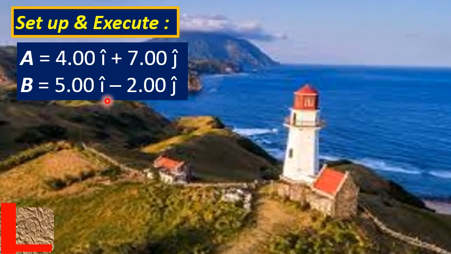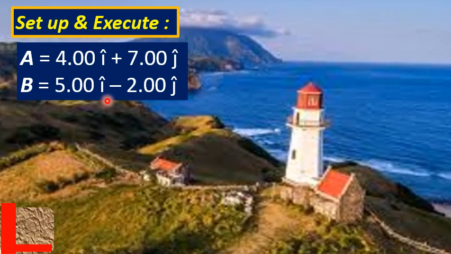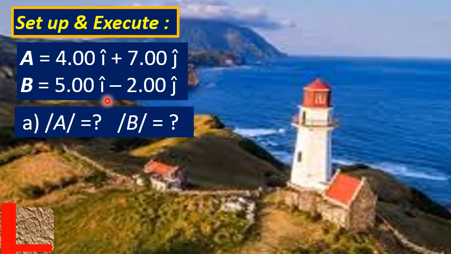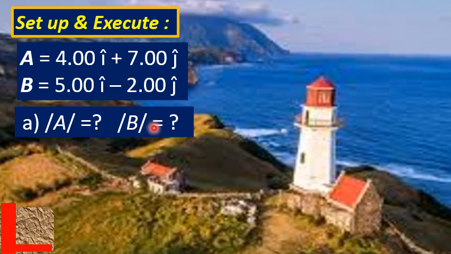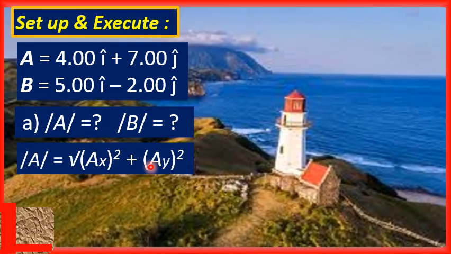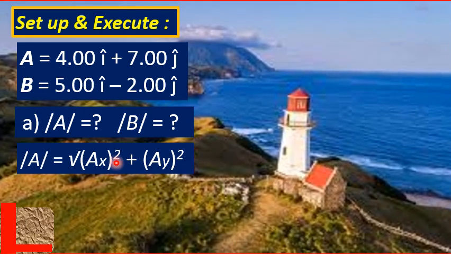Moving on to our computations, we have the magnitude of vector A equal to the square root of the sum of the squares of Ax and Ay.